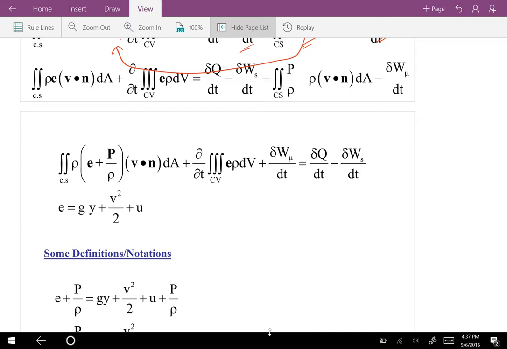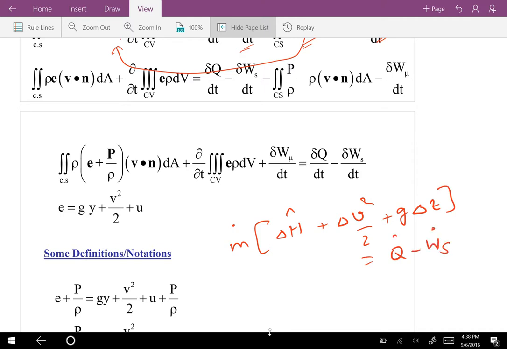You have E plus P over rho, and E is composed of g z plus V squared over 2 plus U. And U plus P over rho is nothing but your enthalpy per unit mass. And that is your standard expression that you see in MEB2, where you have m dot times delta H plus delta V squared over 2 plus g times delta z is equal to Q dot minus Ws dot.